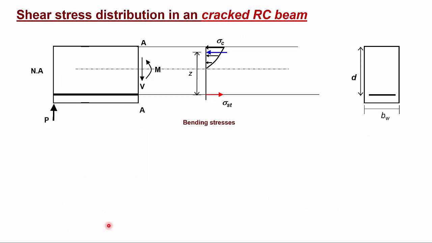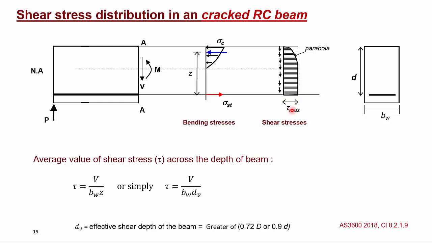Now, when we keep on increasing the load, the reinforced beam will crack, and the tension stresses at the bottom will be taken by the steel, and the stress distribution in the concrete becomes nonlinear, as we know. And the shear stress distribution will look like this for the cracked reinforced concrete beam. Up to the neutral axis, the shear stress distribution is parabolic, and below the neutral axis, where all the tensile stresses are now taken by the steel, the shear stress in the concrete section is constant, and it is tau max.